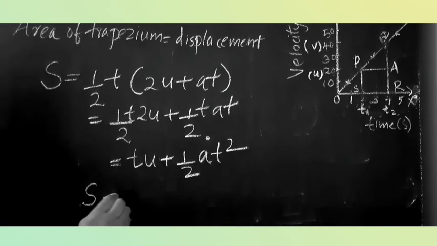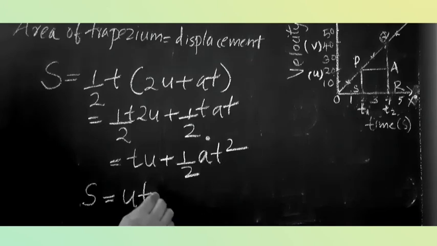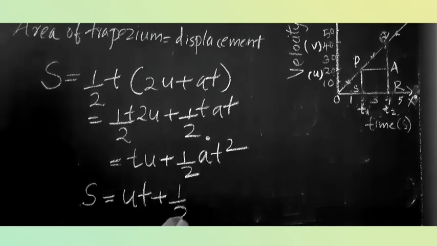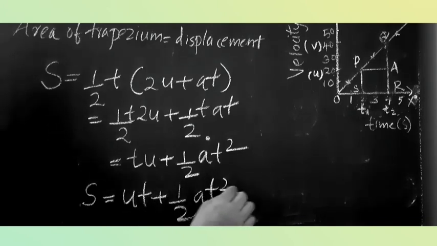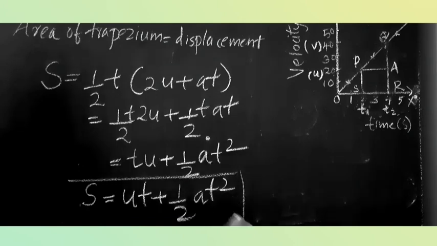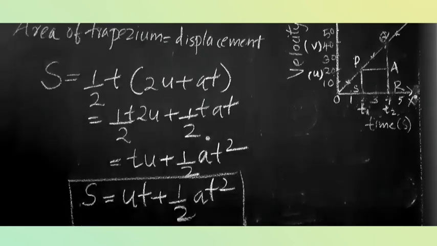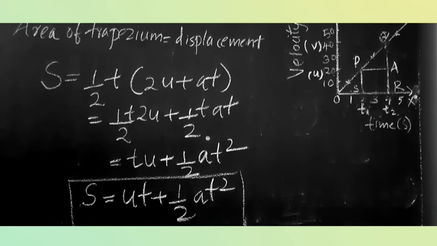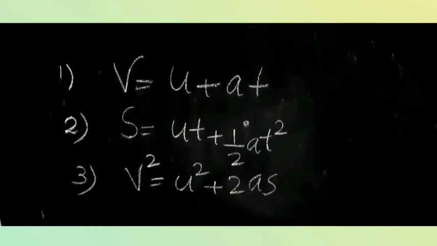That is s is equal to ut plus half at square. This is the second equation of motion. We have derived the first and second equations from the velocity time graph.